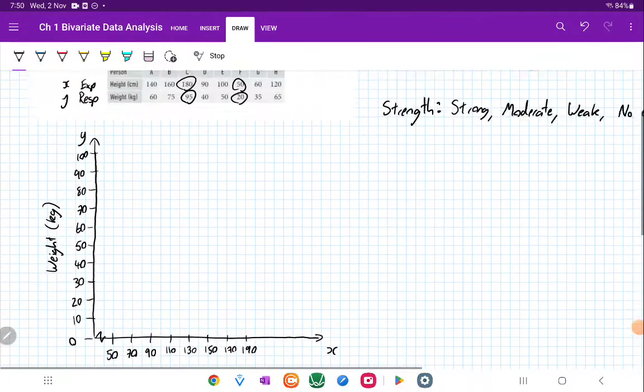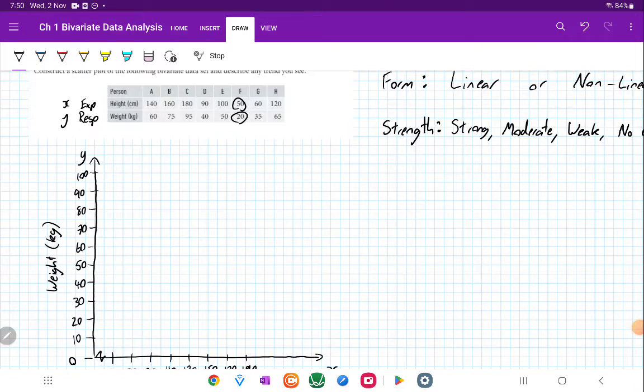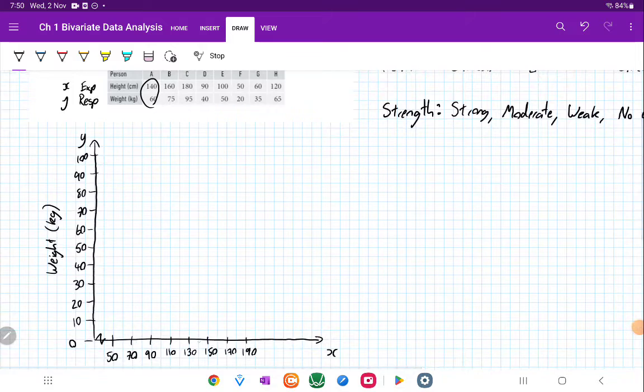Alrighty, so now I can just start plotting each of these points. So the first point is going to be at 140 along here, and is going to be 60 above. So that's going to be this point right here, and I can get rid of all my scaffolding. Alrighty, so I can tick that one off, and I can do my next one. 160 along here, and it's going to be 75.